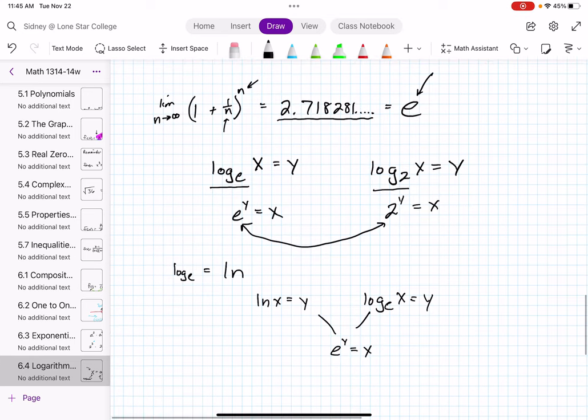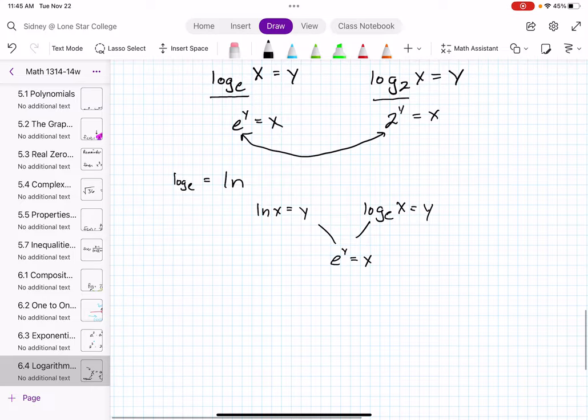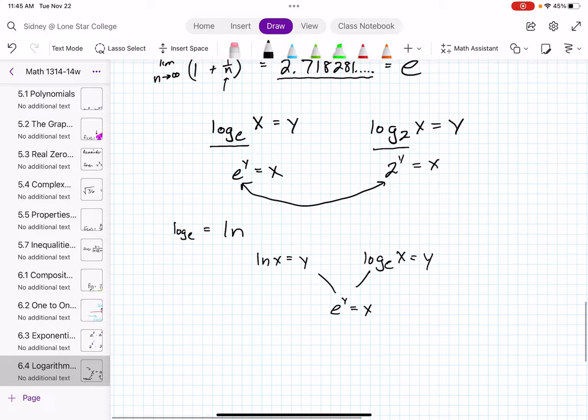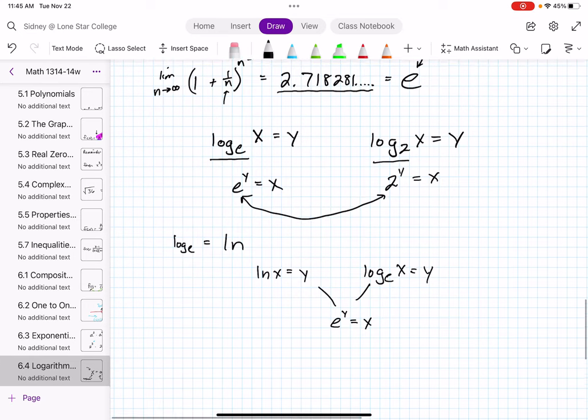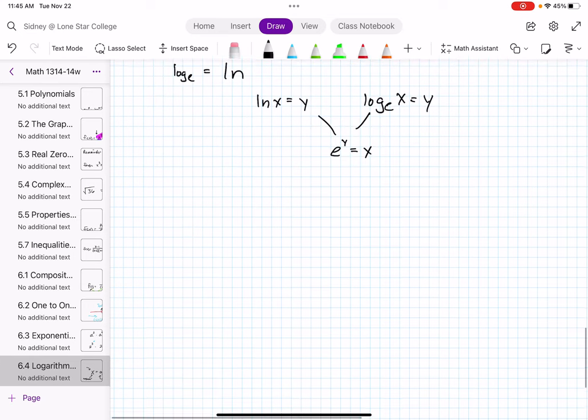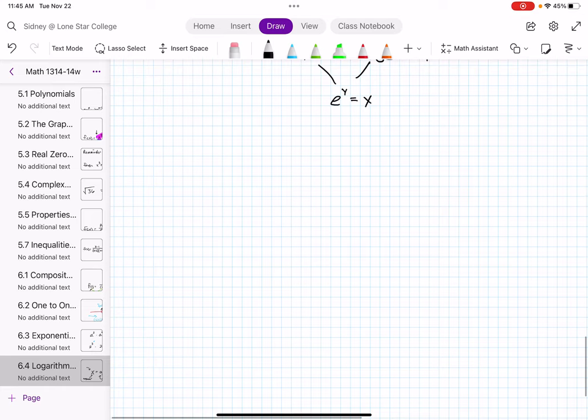Now, I say ugly logs because log base e is log base 2.718281 dot, dot, dot. It's ugly. There will be a lot of situations in dealing with logs where you have ugly numbers, ugly answers. And so I just want to make sure that you're aware that we sometimes get ugly numbers.